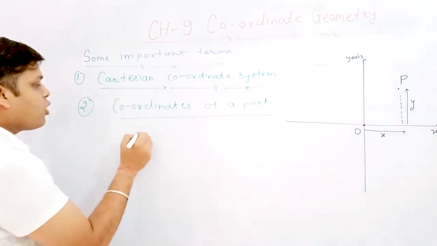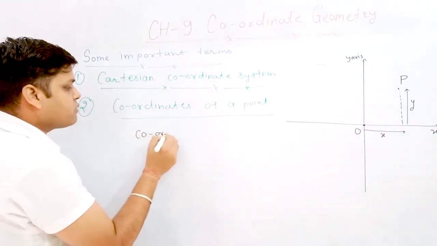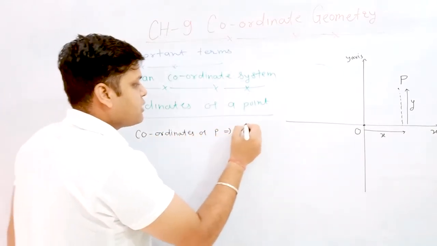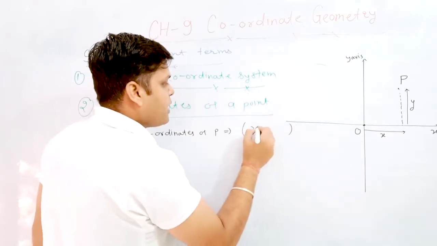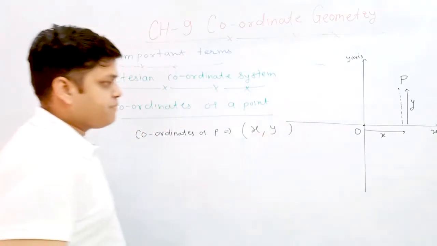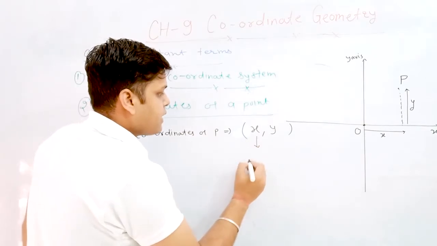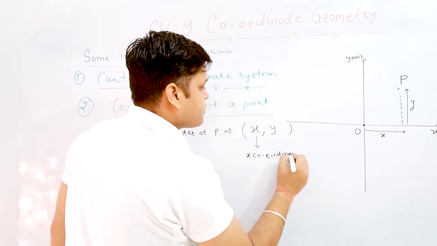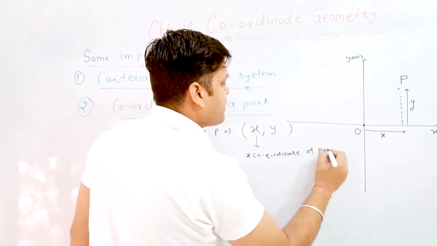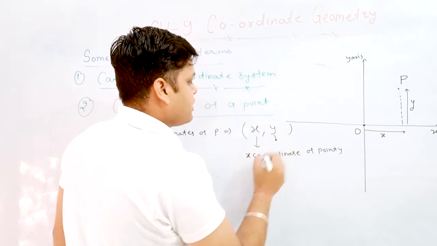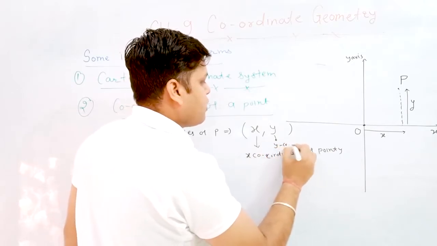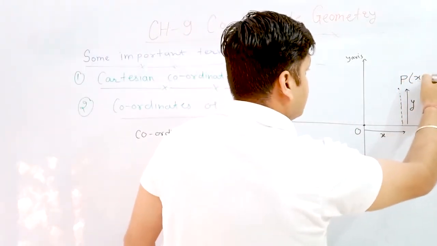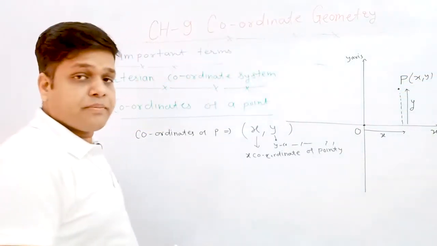So the coordinates of P become (x, y), where x is known as the x coordinate of point P and y is known as the y coordinate of point P. This is the position of the point.